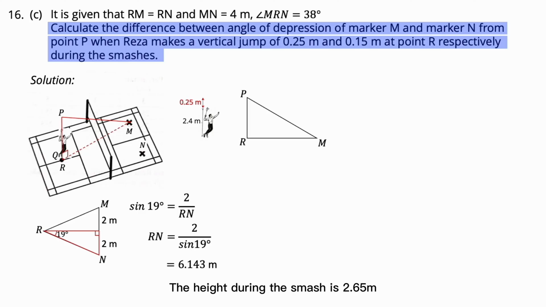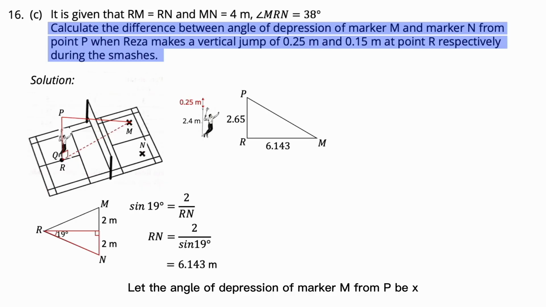The height during the smash is 2.65 meter. The height of Reza 2.4 meter added with 0.25 meter, PR equals 2.65 meter. RM is equal to RN, that is 6.143 meter.